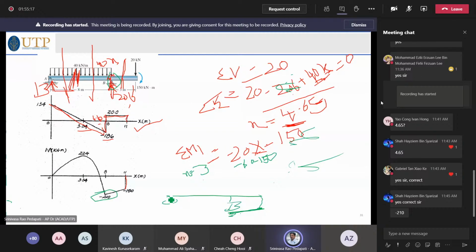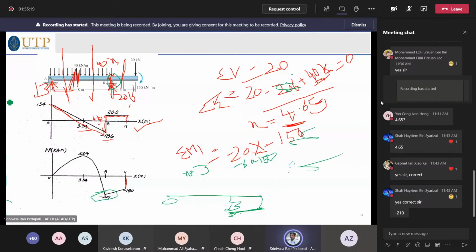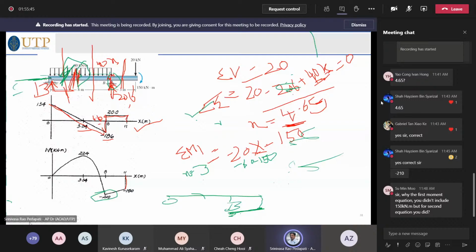If you take the left section, in this figure, the left section means this side of it.